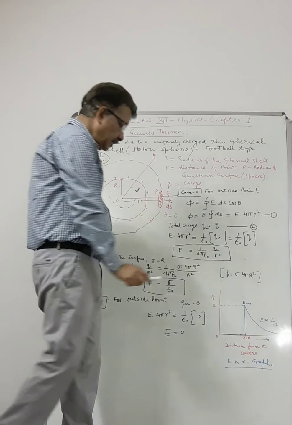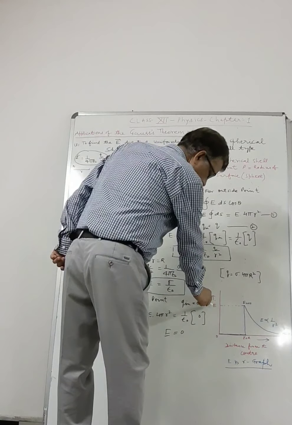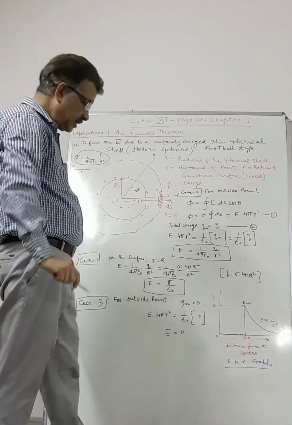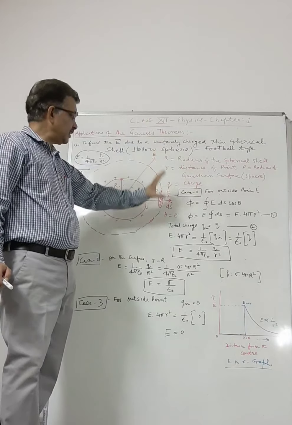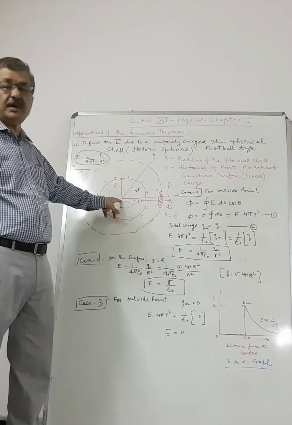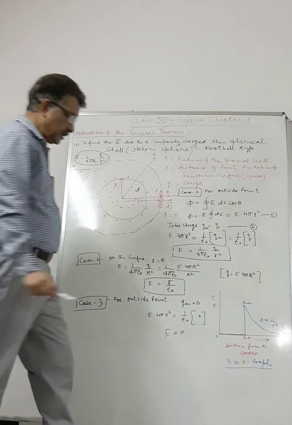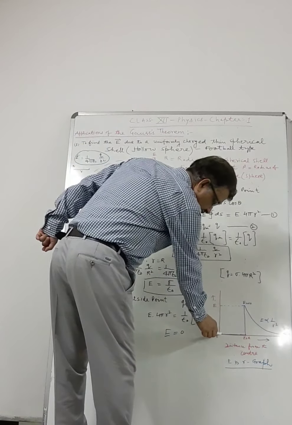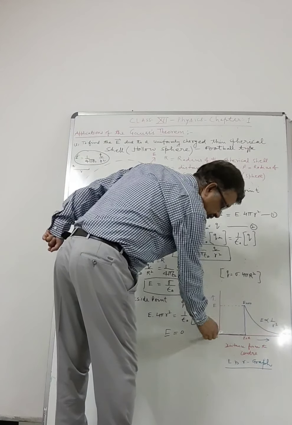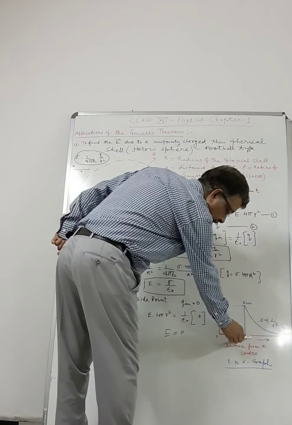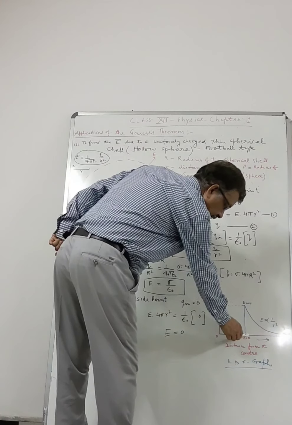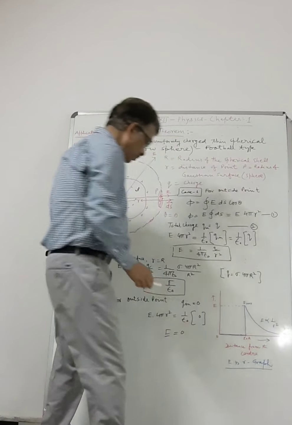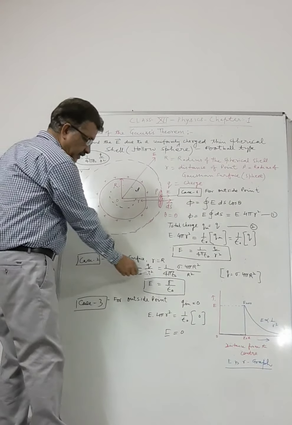Now we have to draw the graph between E and R, where R is the distance of the point of observation from the center of the spherical shell. So inside it is 0. So it is starting from here to here, it will be 0. When R is equal to capital R, it will be maximum, E max, and the value will be given by this or this.